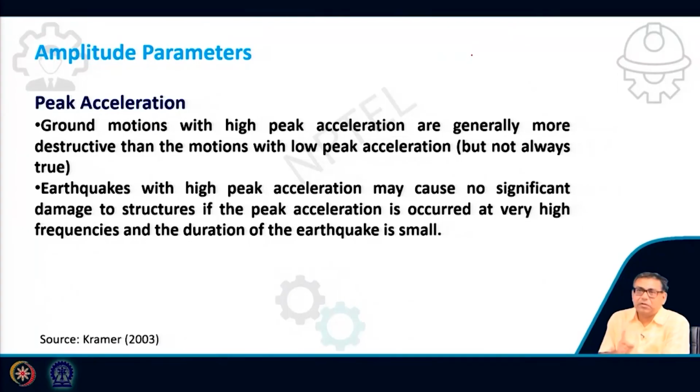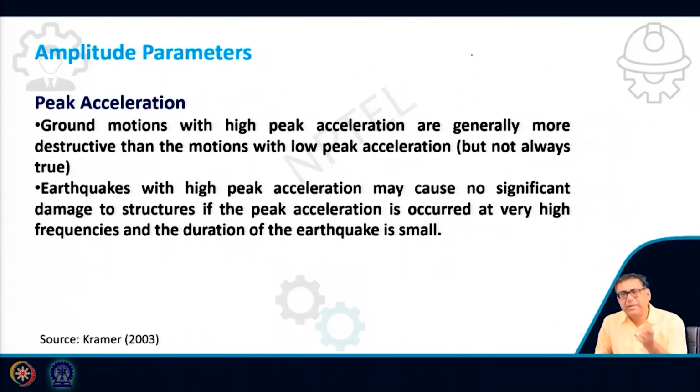Okay, but it is not always true. Why? Because the earthquake with high peak acceleration may cause no significant damage to a structure if the peak acceleration occurs at a very high frequency and the duration of the earthquake is small. Suppose your frequency is very high and the duration of the earthquake is small.